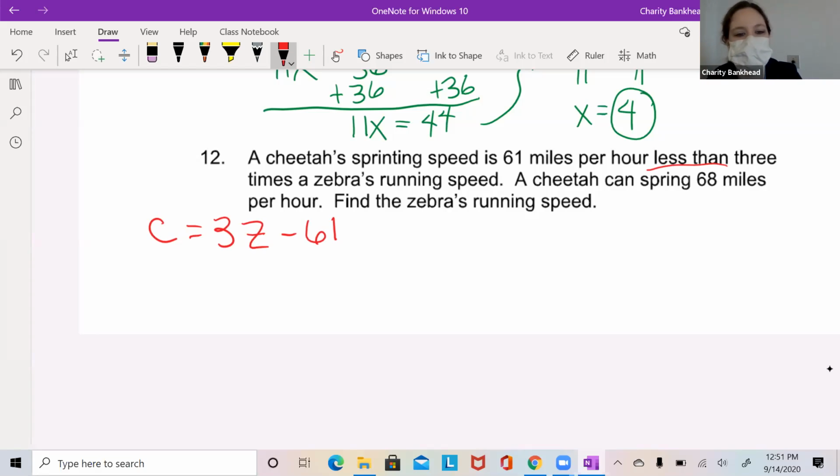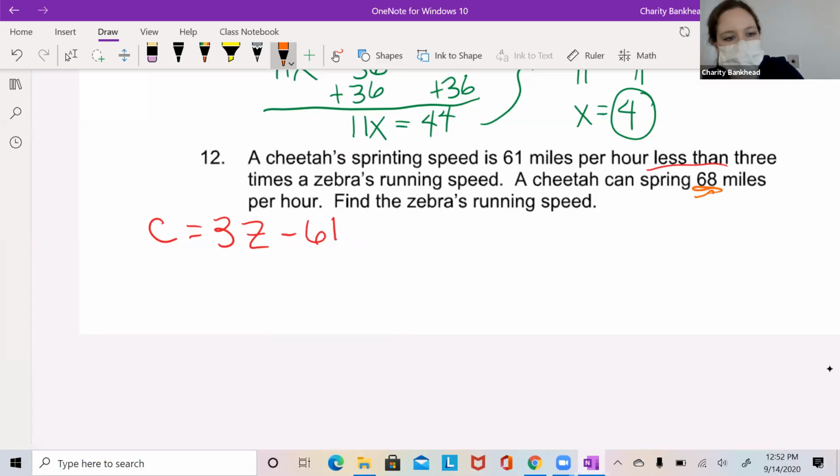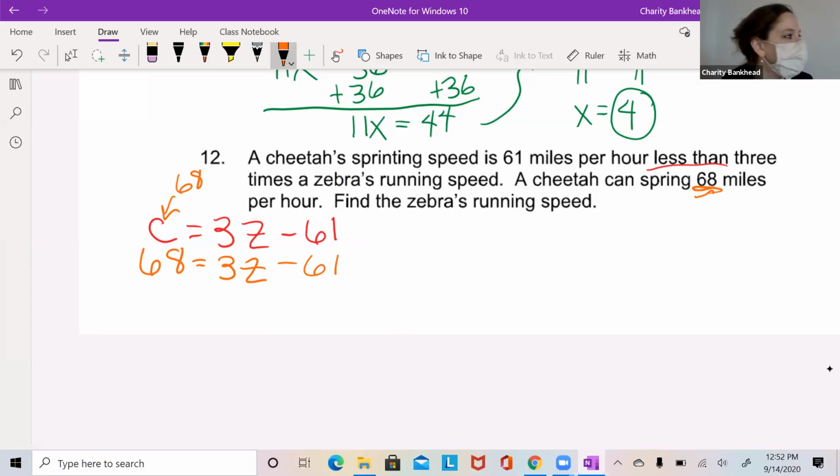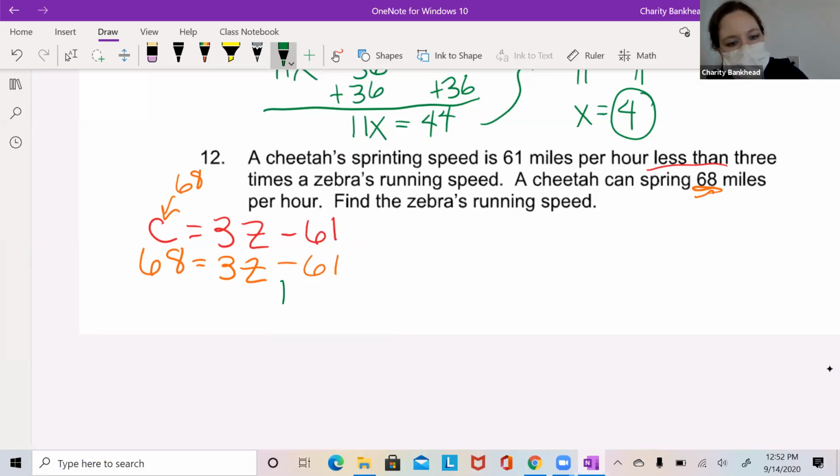And then it tells us that the cheetah is 68. So I can just substitute 68 in place of C. So 68 equals 3Z minus 61. And then I can solve that to find the zebra's speed. So I'll just add 61 to both sides.